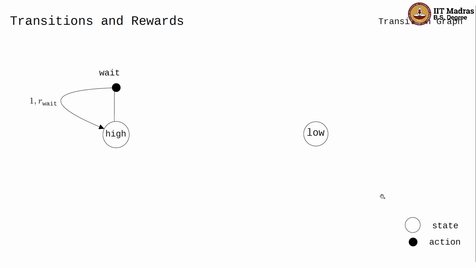Okay, you might be wondering, why is this R underscore wait? Why is this only a function of the action? In this particular case, if you think about it, it's about the number of cans that you collect. R wait is the expected reward. You can think about a reward of +1 for every can that is dumped into your bin.